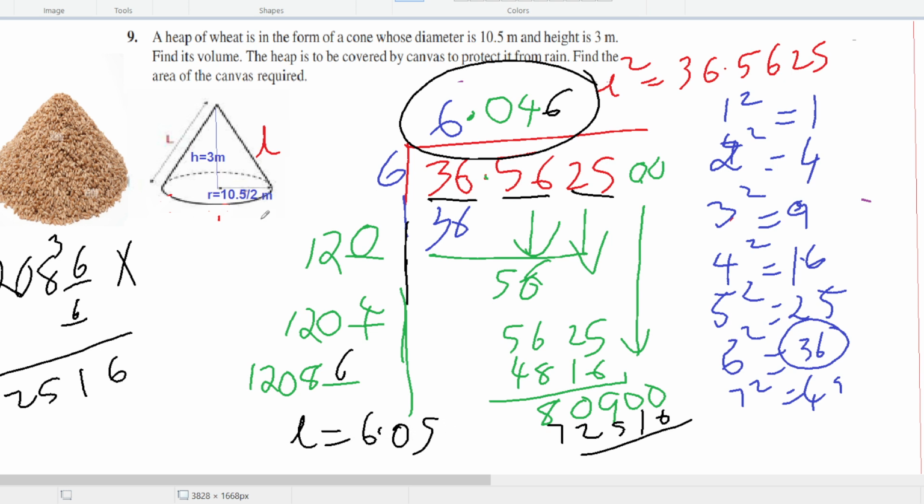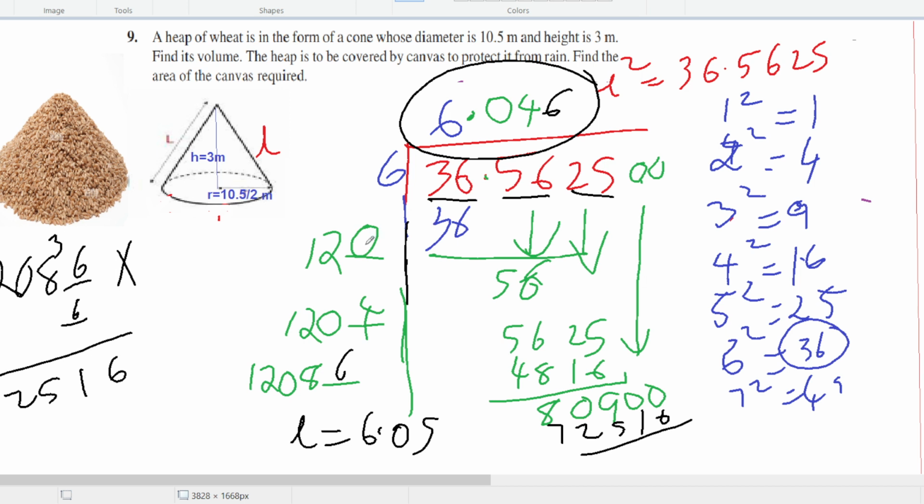So what we have done is the long division method of finding the square root. We first pair this, then after pairing we listed out all the perfect squares. So which pair is matching for this, that square root we have written here. 6 into 6, then that 6 we doubled for next time, and here there was a special condition.